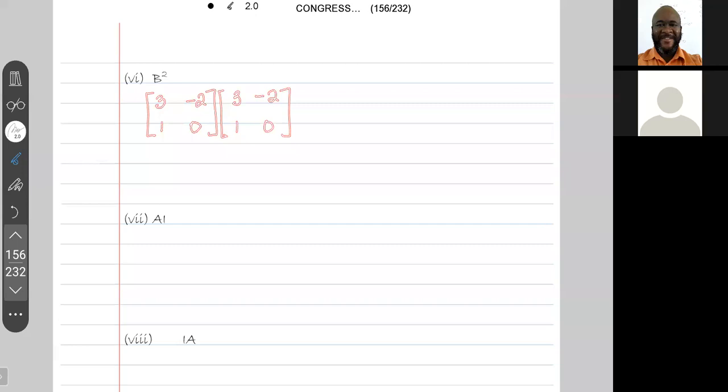All right, so row by column. First by first, second by second. 3 3s, 9. -2 times 1 is -2.